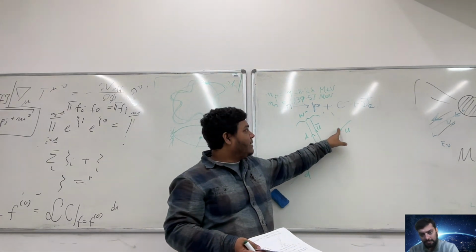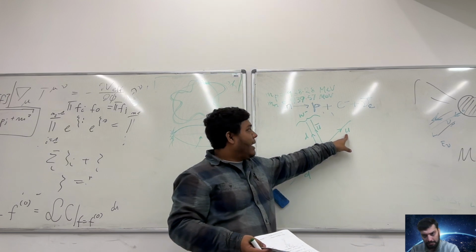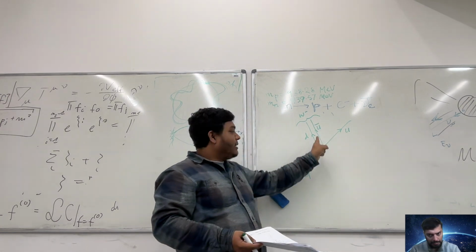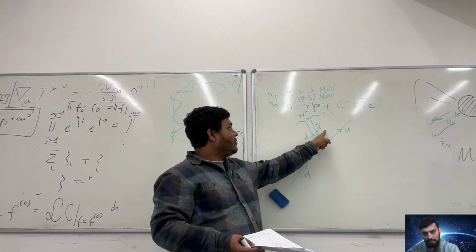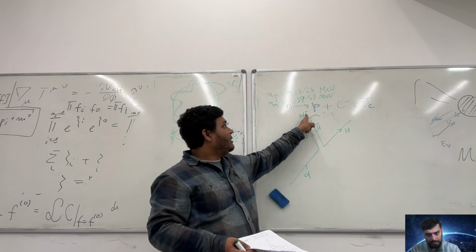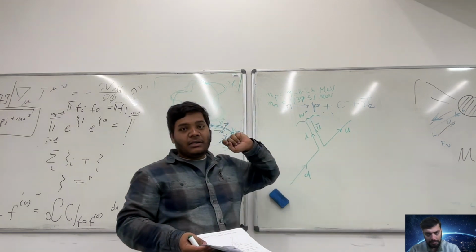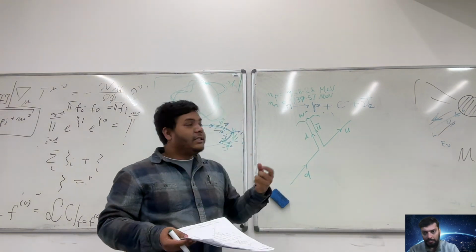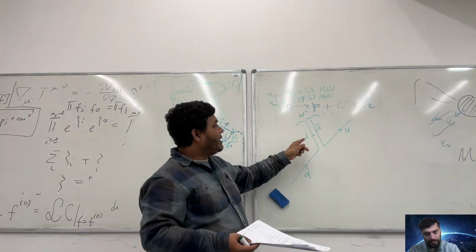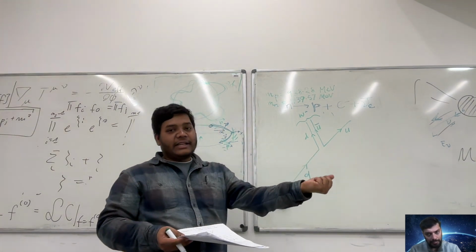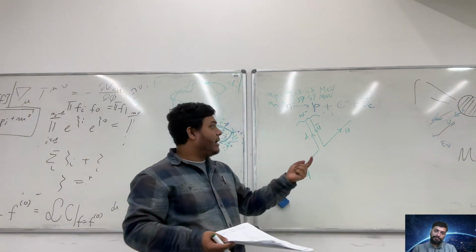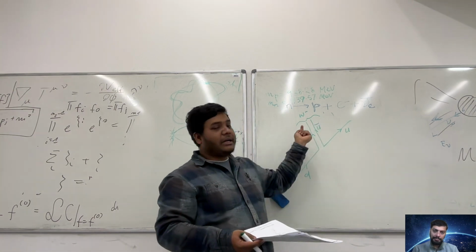So this up quark and its antiparticle, and the presence of the down quark, together form this W minus. Whatever energy this W minus gets is the energy taken from the vacuum when they create this virtual particle.